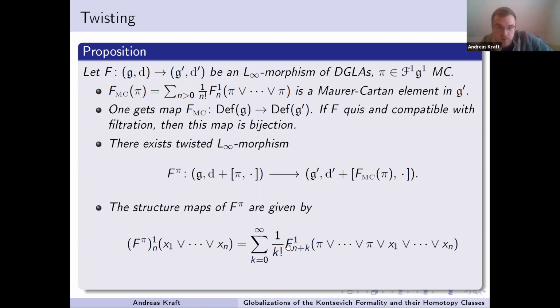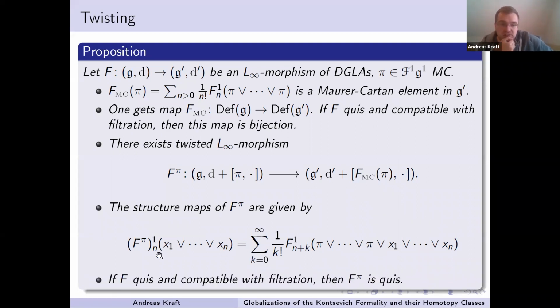They are just the structure maps of F filled with some pi's here. And again, this is well defined because of this filtration stuff. And what's nice is that if F is an L-infinity quasi-isomorphism, then the twisted one is also an L-infinity quasi-isomorphism. So L-infinity morphisms and Maurer-Cartan elements are as nicely compatible as you could wish.